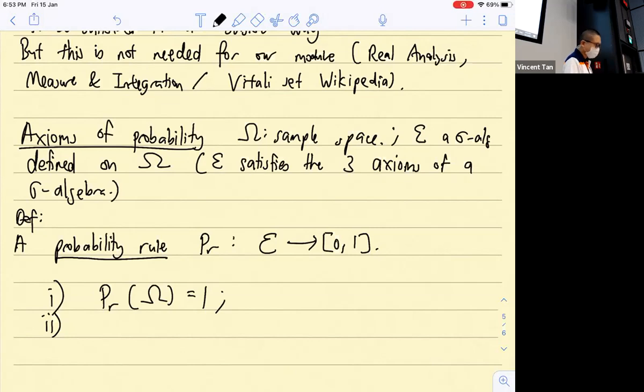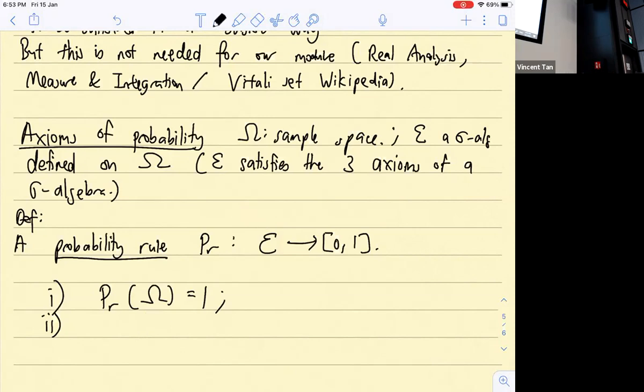Do we know what is the subtlety here? The subtlety is the question: is omega belonging to E? Yes, by axiom 1 for sigma algebras. Then it is legitimate to put omega inside here. If you don't have omega in E, you cannot even talk about the probability of omega. You see the point?